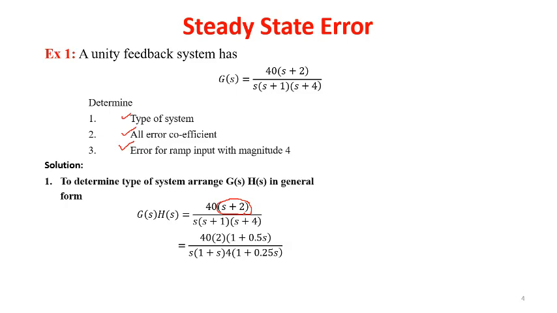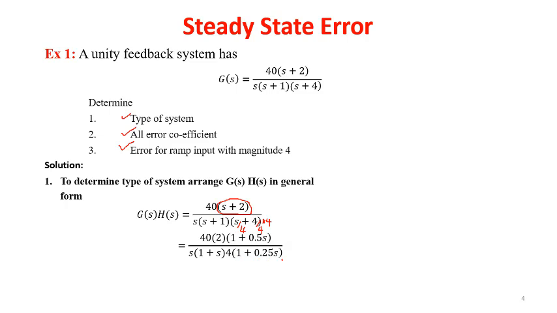We get 40 into 2, and here S divided by 2 gives 1, and S divided by 2 is 0.5 of S. Similarly, the denominator S plus 1 we can write in the form 1 plus S, and dividing S plus 4 by 4 and multiplying by 4, we get 4 times (1 plus 0.25 times S), because 1 divided by 4 is 0.25.